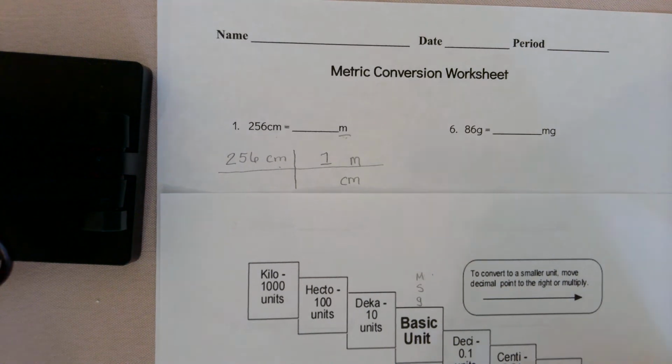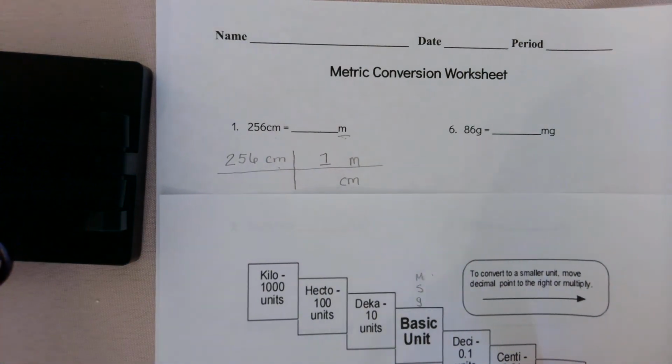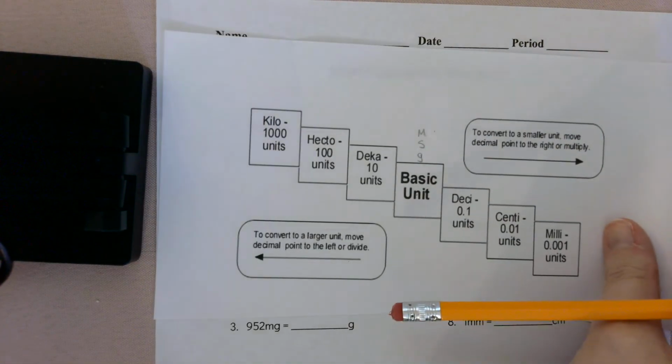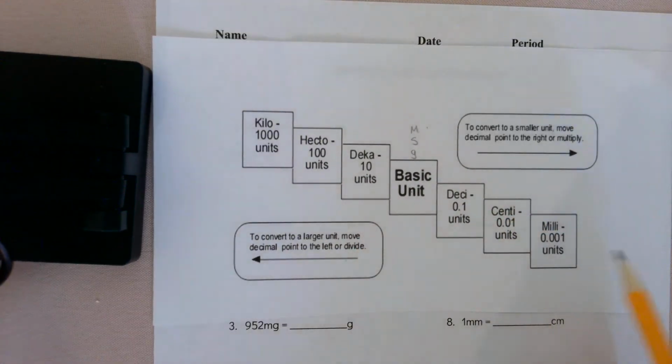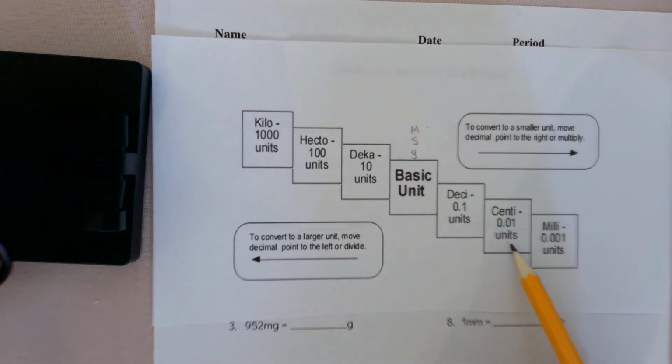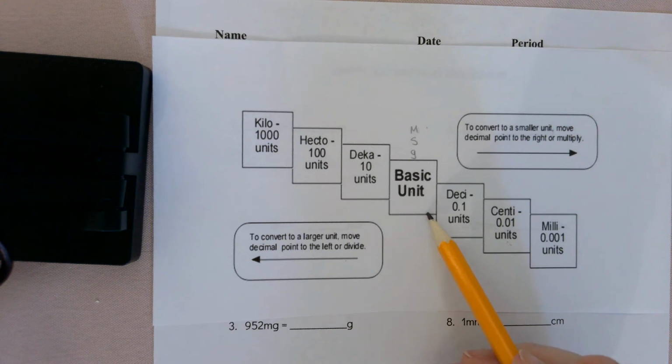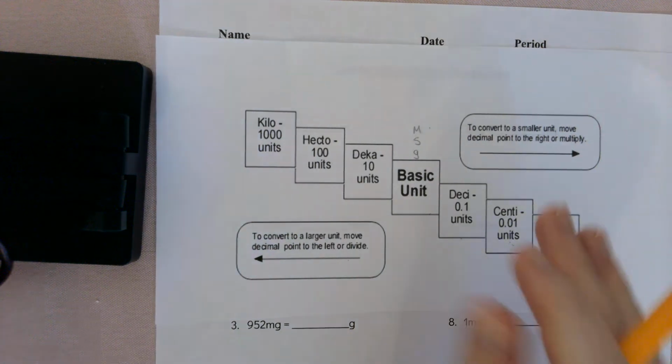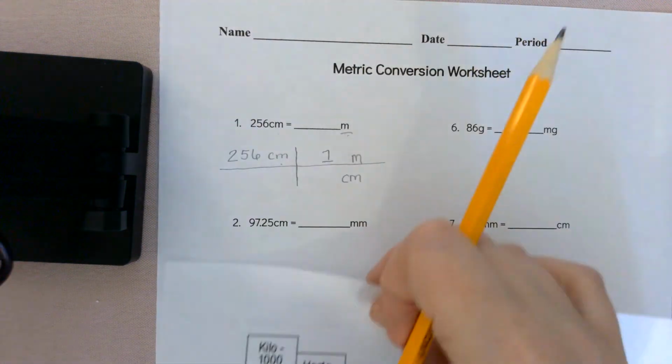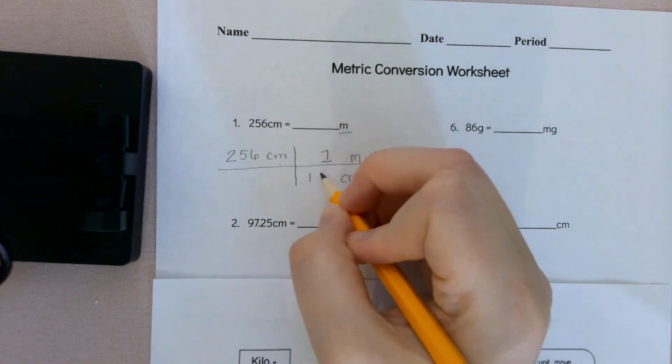Now, how many centimeters are in a meter? Remember, we can look at it as a factor of 10. Our centimeters are here, our basic unit is here, so we've got 10, 100. That means for every 1 meter we have, there are 100 centimeters. So I'm going to put the 100 with my centimeters.